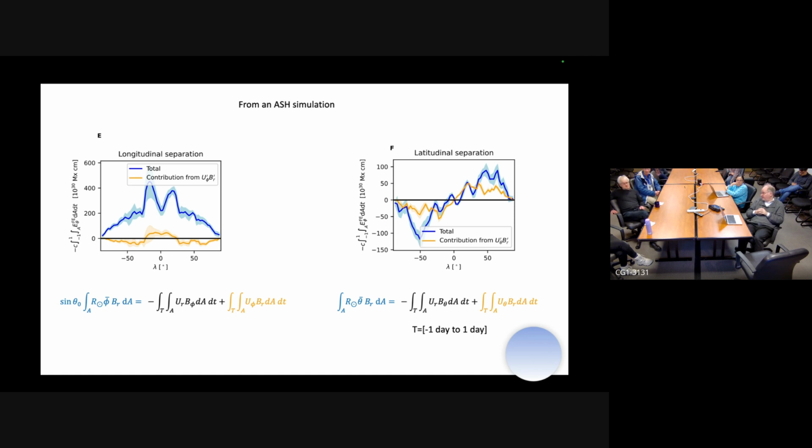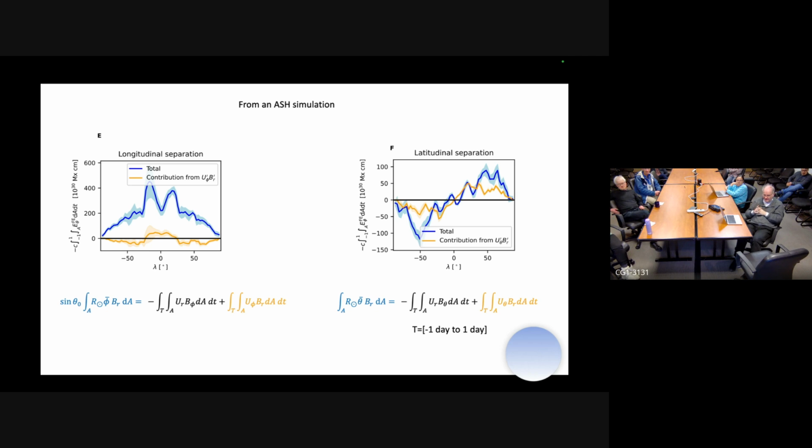So this is telling you it's mainly coming from turbulent diffusion, carrying the phi component of the field across the surface. This is not quite the same as the sun, but somewhat similar given the constraints of the simulation.